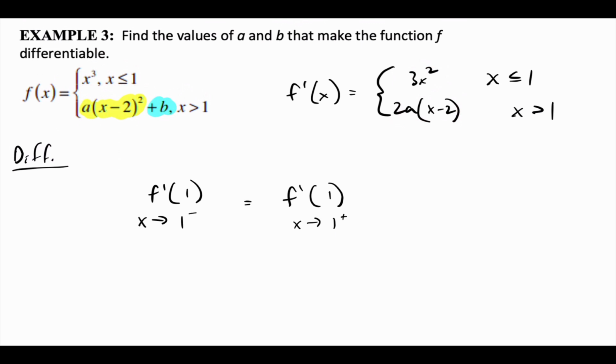So you plug in 1 to the top for the left-hand side. So we get 3 times 1 squared, which is just 3. The bottom, you plug in 1. I get 2a times (1 minus 2), and I get negative 2a. That's negative 1 times 2a. Okay. I don't have any b's. So I just solve for a.